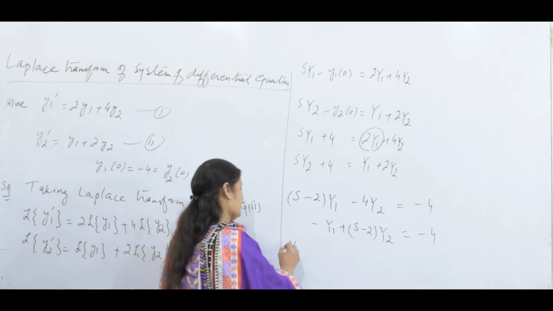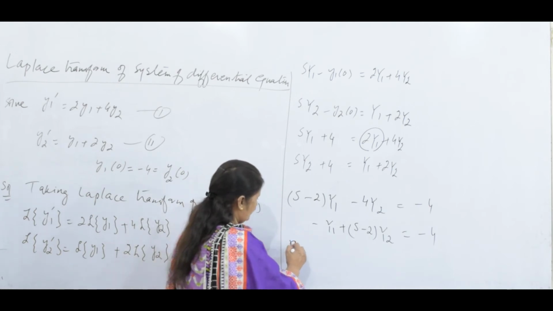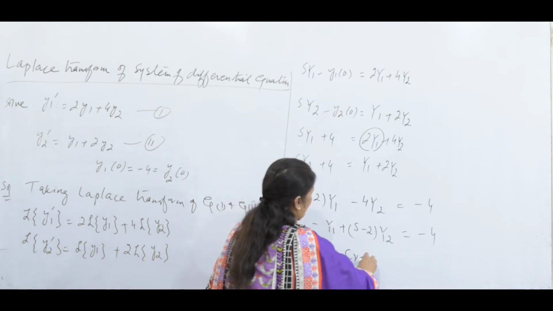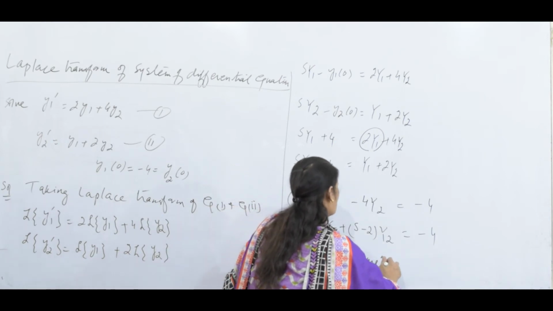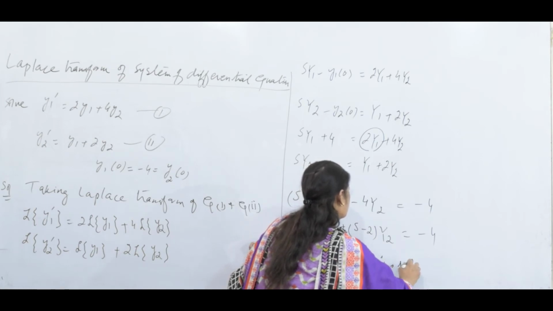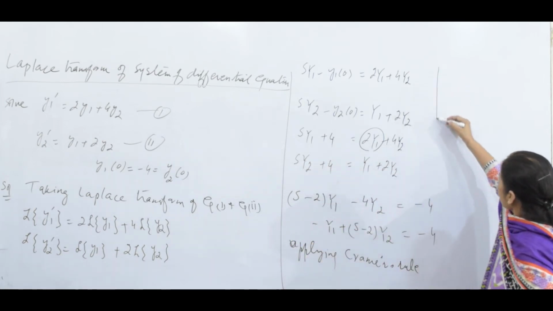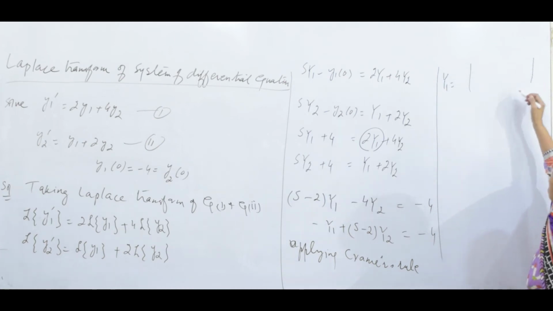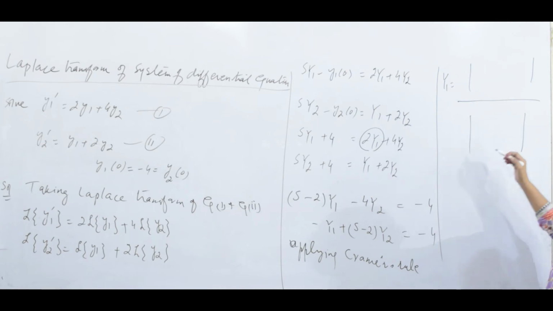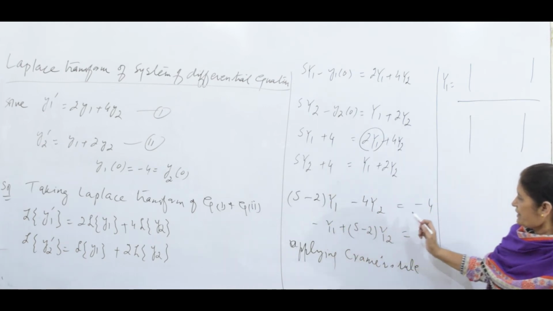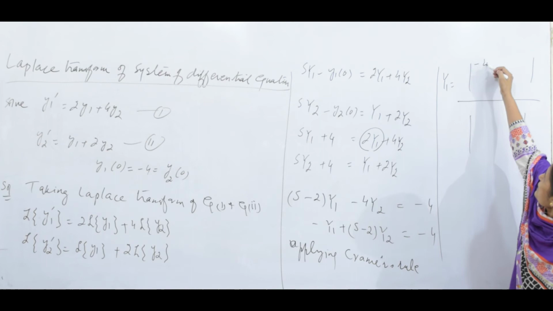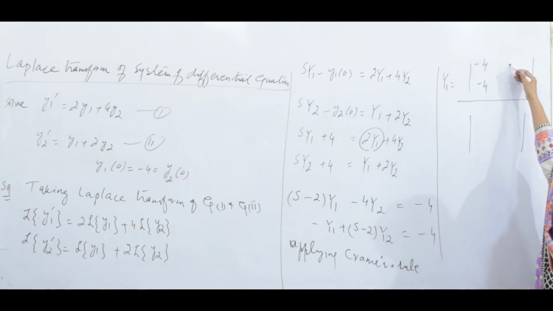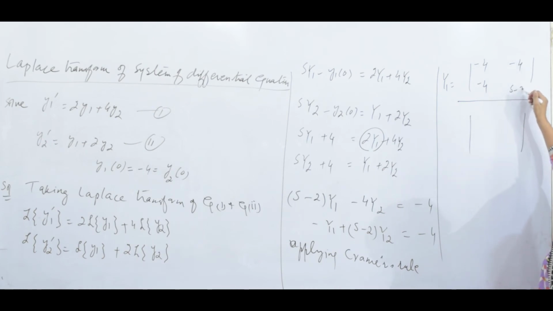So Y1, applying Cramer's rule. Y1 is equal to, replacing the coefficient of Y1 with the right hand side, which is minus 4, minus 4. And coefficient of Y2 is written like this, s minus 2.